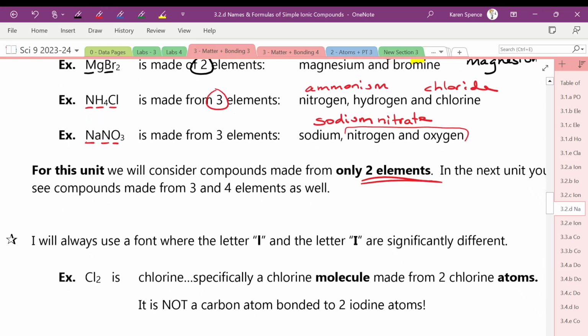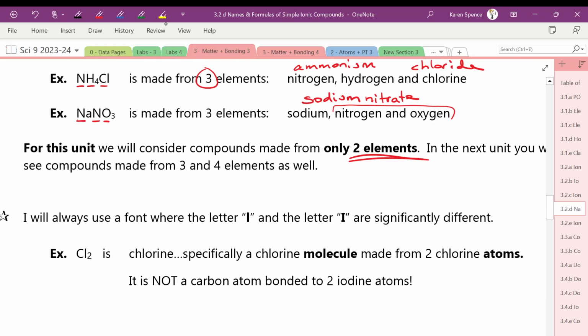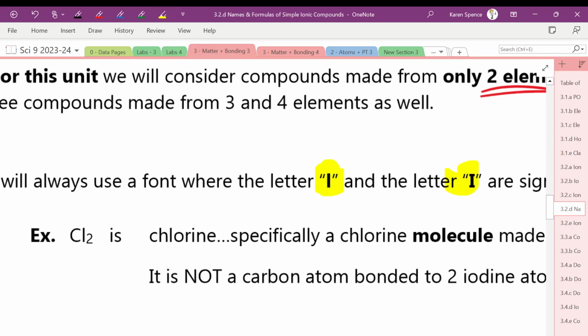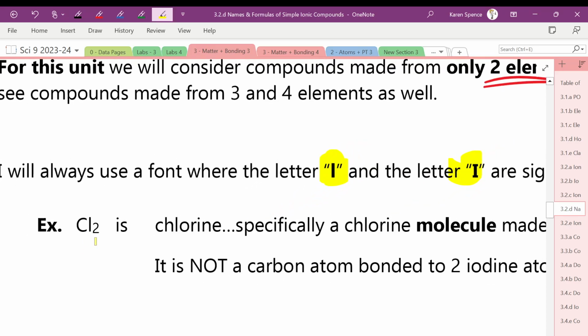Oh, and look at this. I will always use a font where the letter L and the capital I are significantly different. So when you see this, is this Ci2 or is it Cl2? Cl2, okay? And that's a chlorine molecule, so what you've got is one chlorine bonded to another chlorine. And when I write it, I usually write my L's like this so that they look really different, but you feel free to just write your L's as lines.